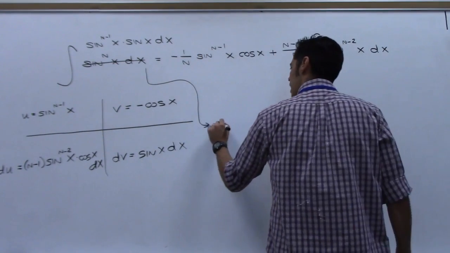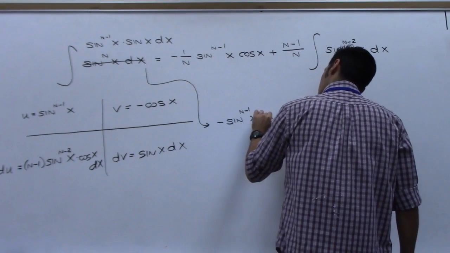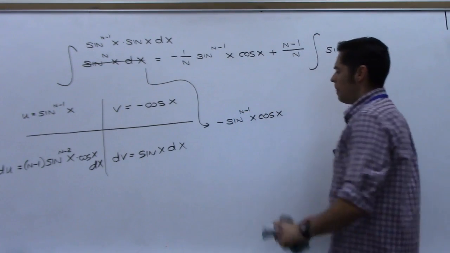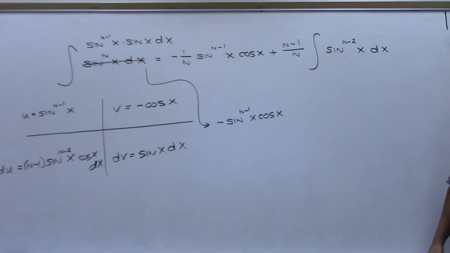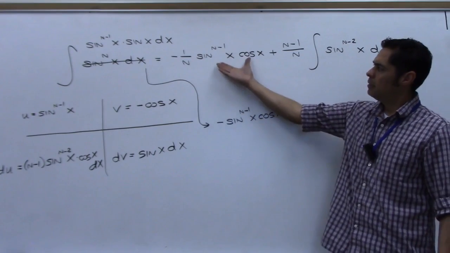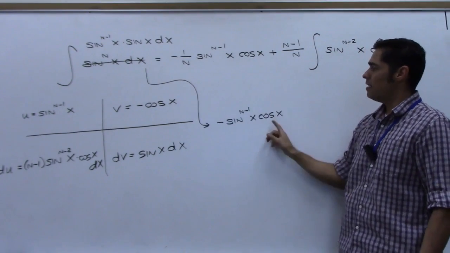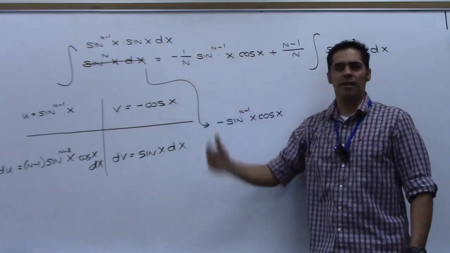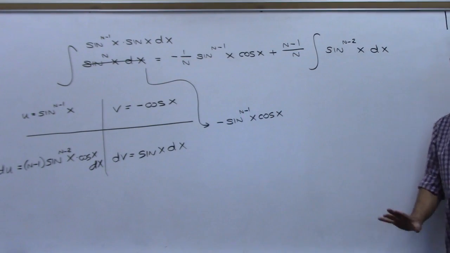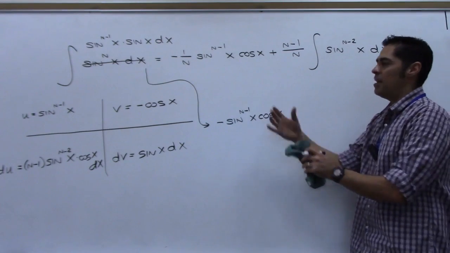So that's negative sine to the n minus 1 x cosine x. That kind of looks like this, doesn't it? I have the negative. I have sine to the n minus 1 x. I have cosine x. I just don't have 1 over n. It's okay. At least I feel good about it, right? It looks kind of the same.